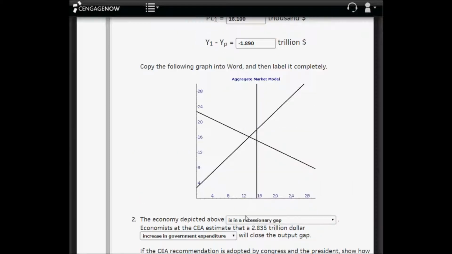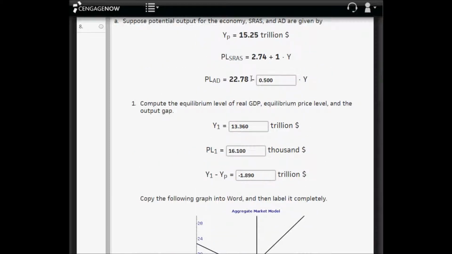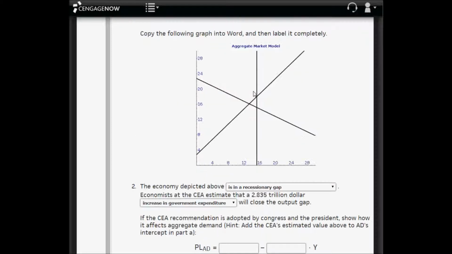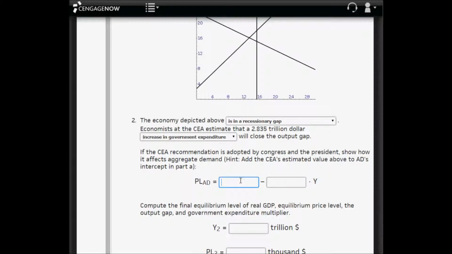All we have to do here is take the initial aggregate demand intercept of 22.78, using the hint here. We take the initial aggregate demand intercept and add to that the value of the increase in government expenditure. I'm going to calculate that in Excel.